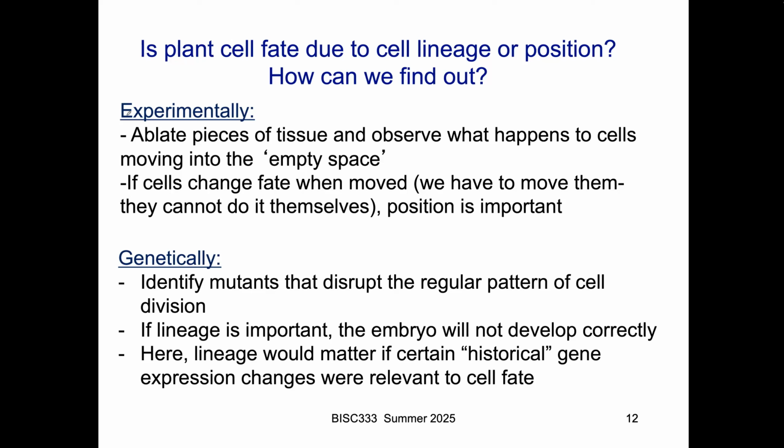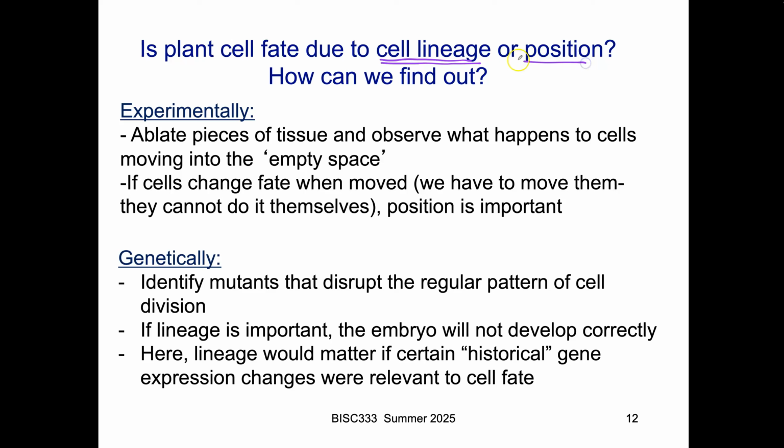This question is weird in a way, right? Because it sort of doesn't matter, because cells don't change position in plant development. But what this tells you really is: is it the genetic history? Is it the changes in cell fate over time, historically, that determine what the cell is going to become?